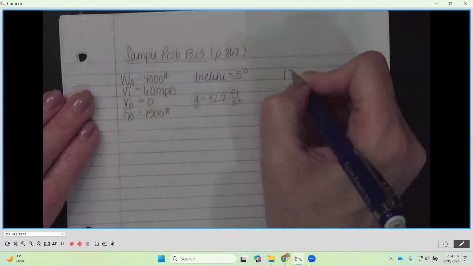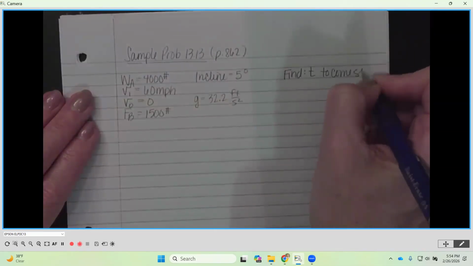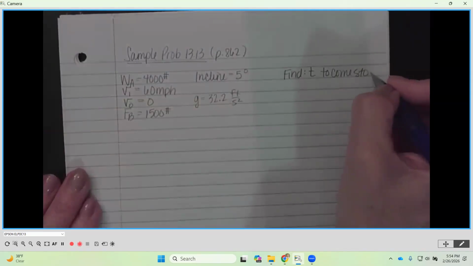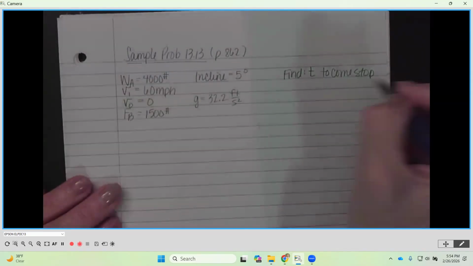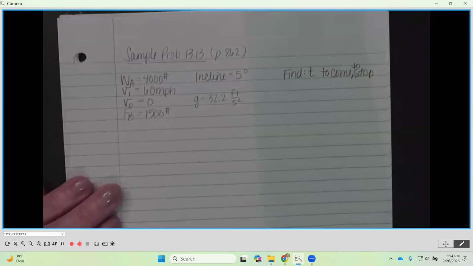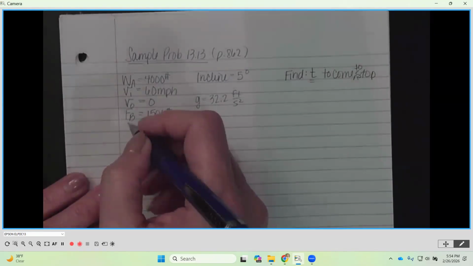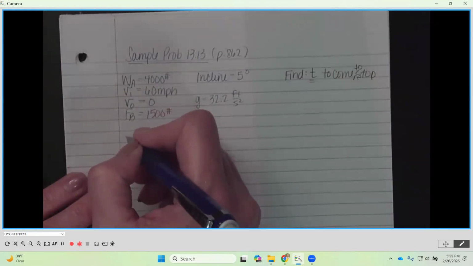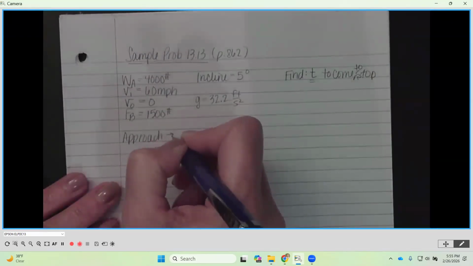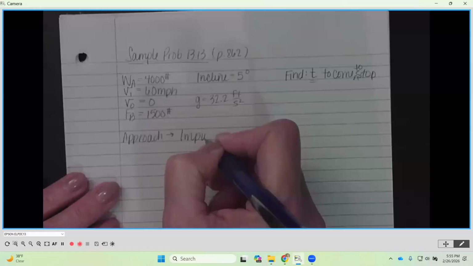Now what they want us to find is the time to come to a stop, so T is what we need to find. As it's kind of told us, we're going to use the impulse momentum principle to solve this, so I'm just going to identify that our approach is impulse momentum.